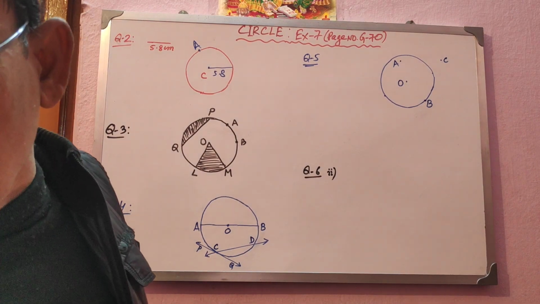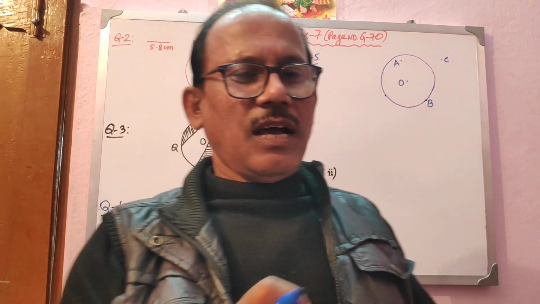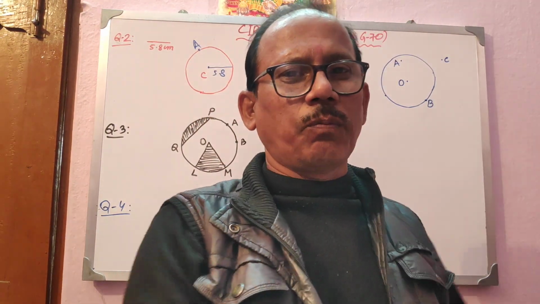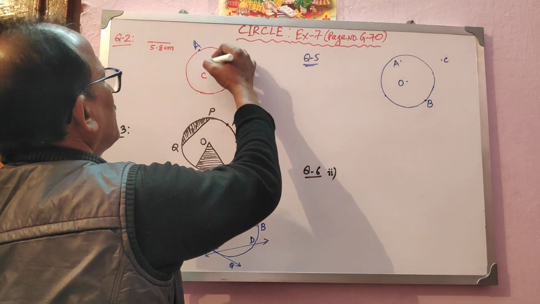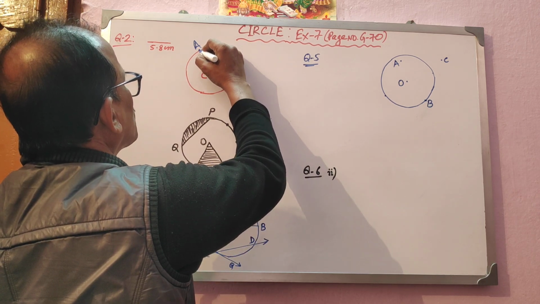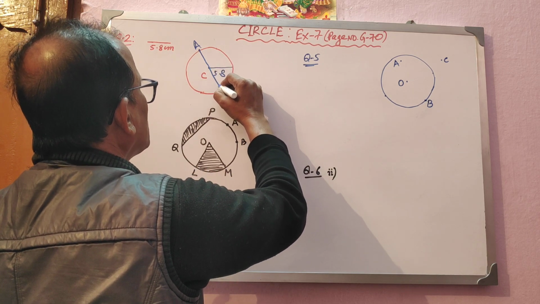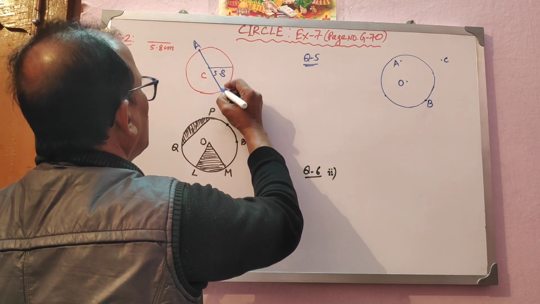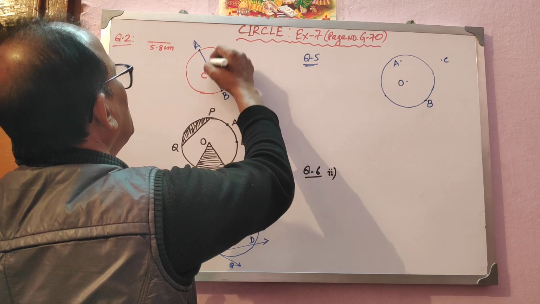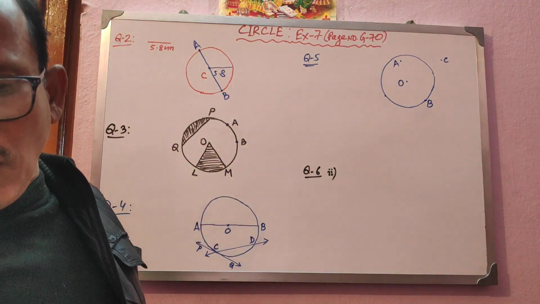Suppose A is here. And B is such that A, B, C are collinear. Collinear means three or more points lie on a line. A and C are already there, and B also should be on the line. So you have to draw a line. B will be here, so that A, C, B are collinear. Got it? So A, B, C are collinear now.